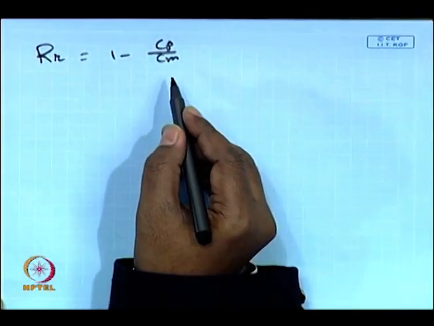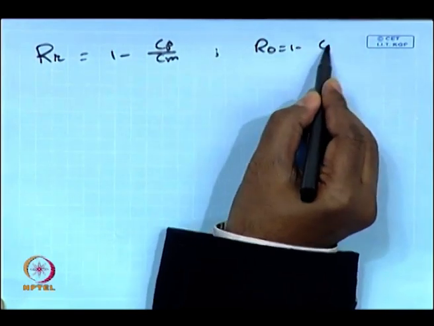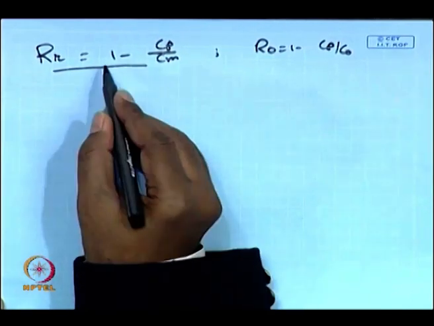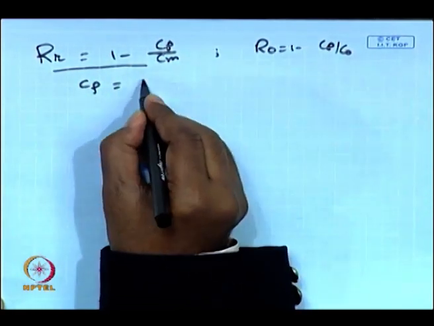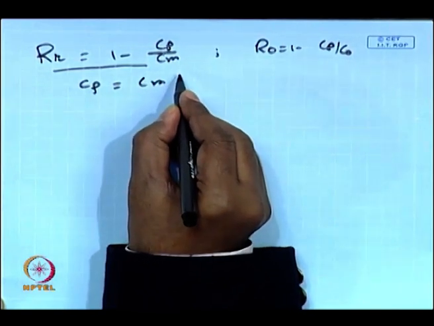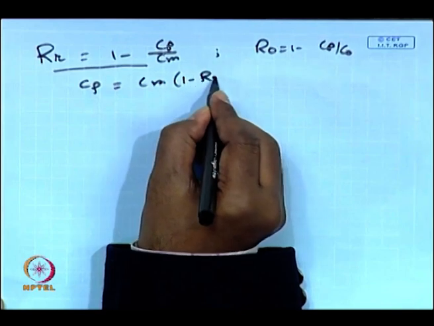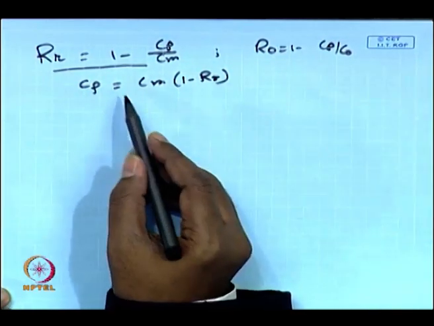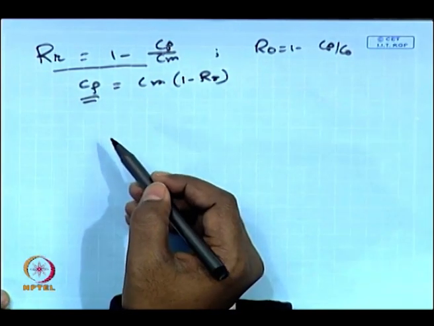If you look at the definition of observed retention, what we have defined is 1 minus Cp by C naught. So, from the definition of RR, Cp can be written as Cm into 1 minus RR.